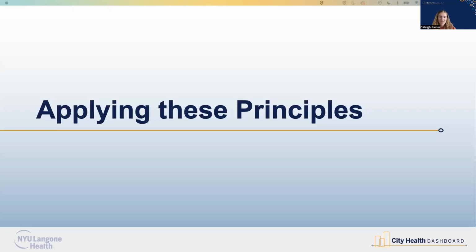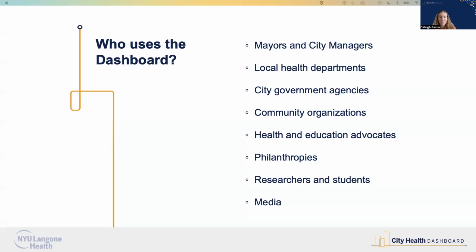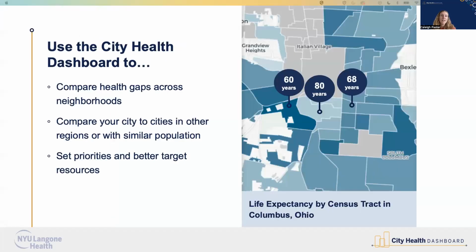So that was a lot of talking, but now let's dive a bit more into the dashboard and how we can actually apply the principles we've been talking about to data from the dashboard. Just reiterating, we were really created to help city leaders, advocates, and anyone who cares about improving health and well-being have access to data and be able to share that with their community for better health.